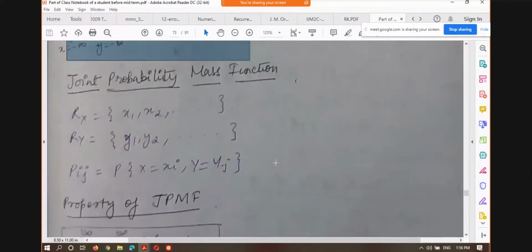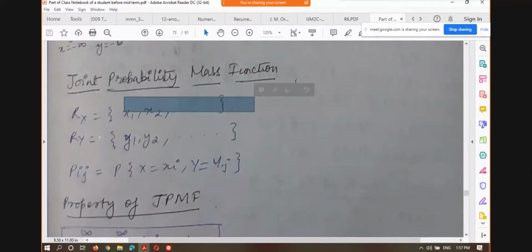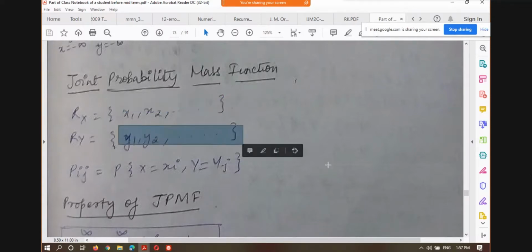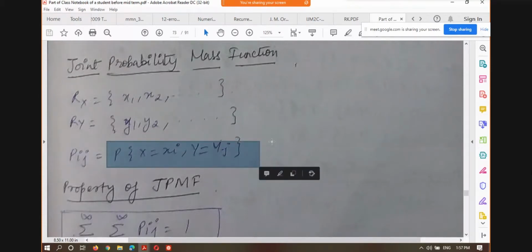Now, joint probability mass function. Say you have two discrete random variables. One is X, having values x1, x2, ..., xn in its range set, and Y is another discrete random variable taking a range of values y1, y2, ..., yn. Then p_ij represents the joint probability mass function, and it is denoted by the probability that X equals xi, comma, Y equals yj.